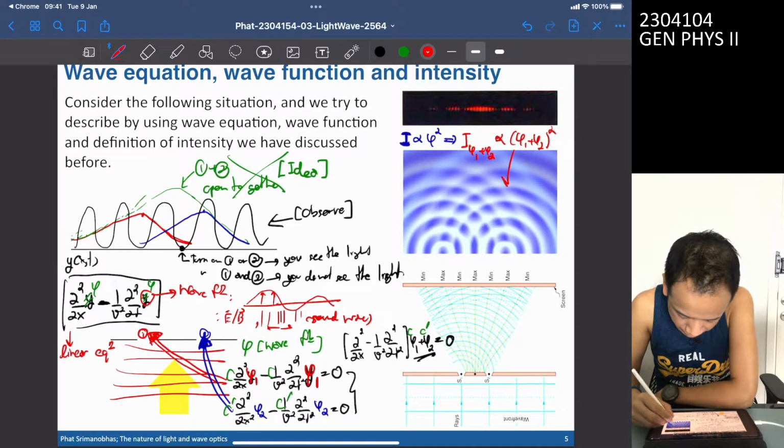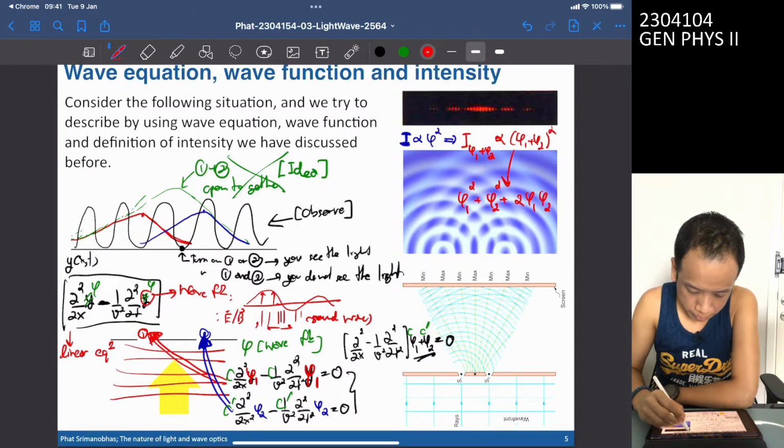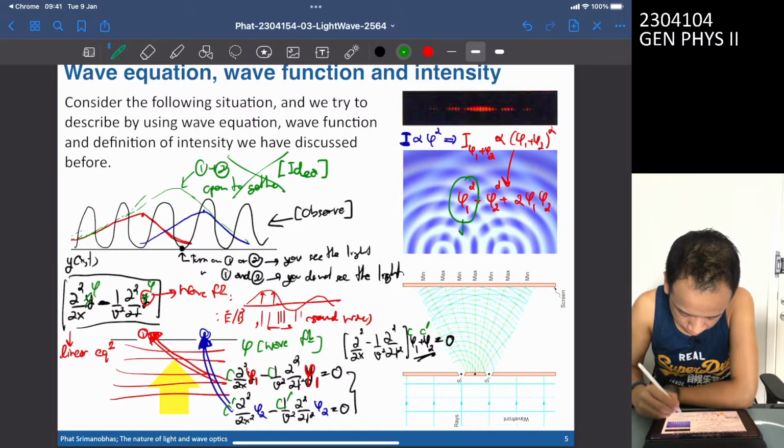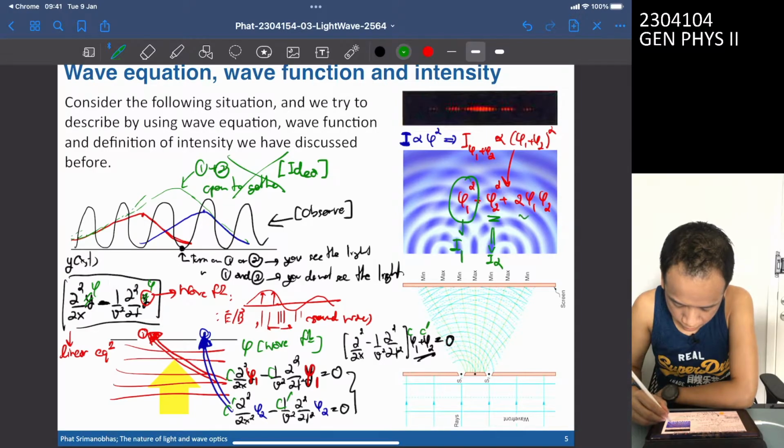So psi 1 plus psi 2 squared is what? It's psi 1 squared plus psi 2 squared plus 2 psi 1 psi 2. Psi 1 squared is I1, psi 2 squared is I2. This is new. This is an additional term.